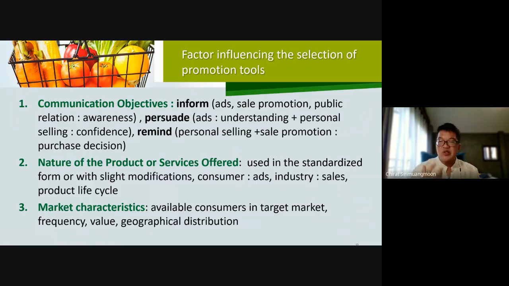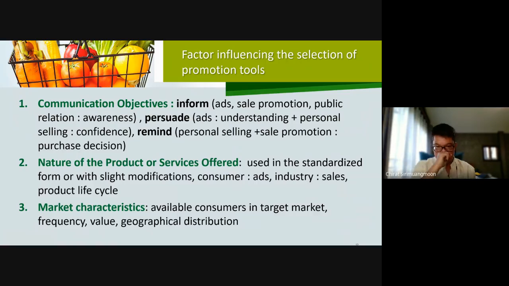If your objective is just to inform, you need to create awareness or shape the perception of the consumers. Advertising, sales promotions, and public relations can all be used together, and you can combine them to make a stronger effect.